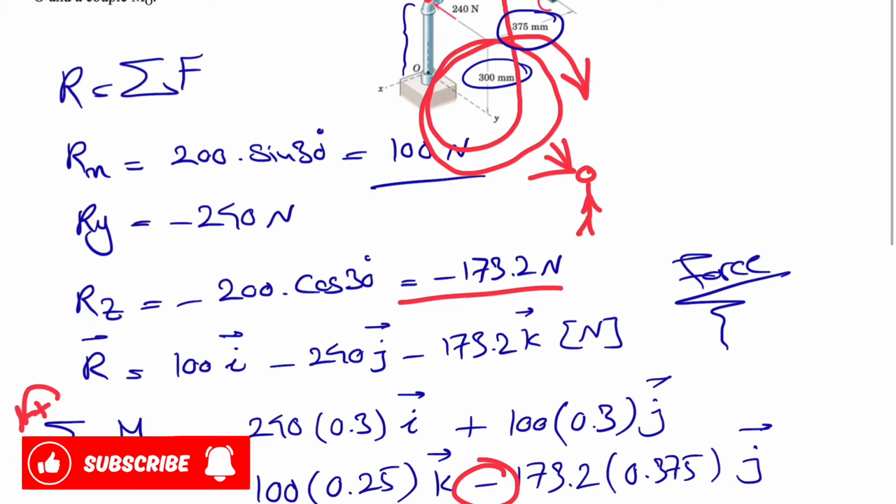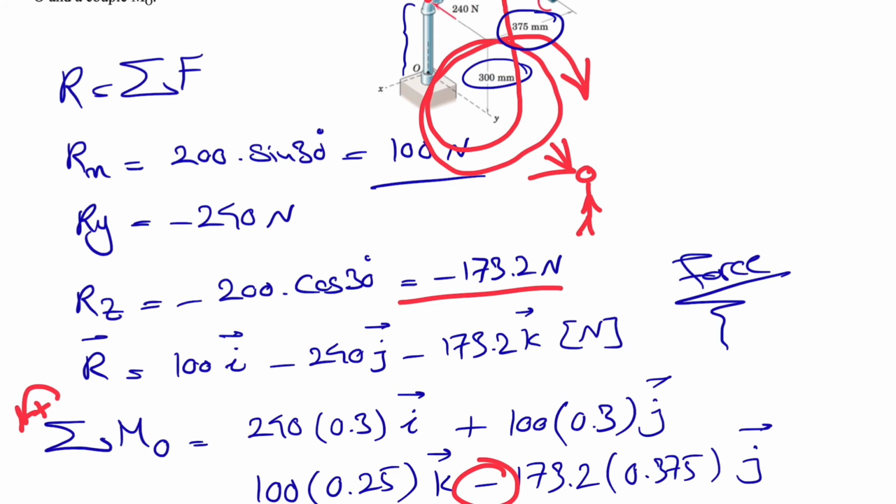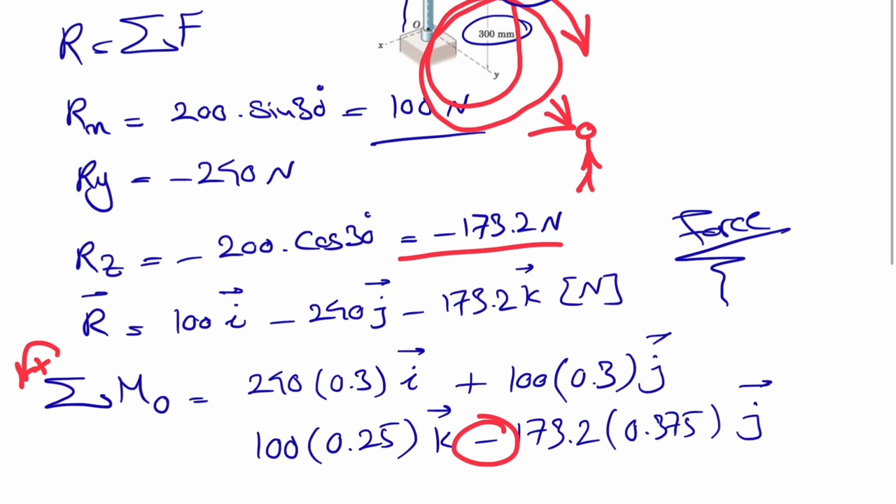One common confusion about this sign is that it has nothing to do with the sign of the force. If we look here, we'll see that the force is a negative 173, but we already have the direction of the force, and we know it's downward, which is why we have a negative sign in Rz.